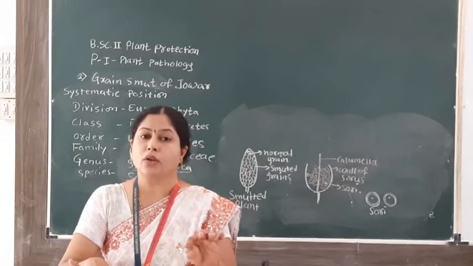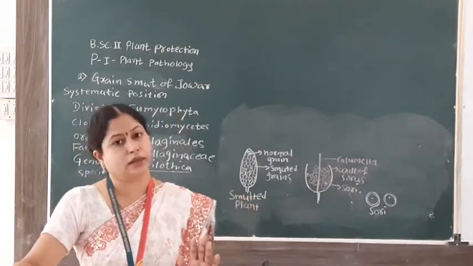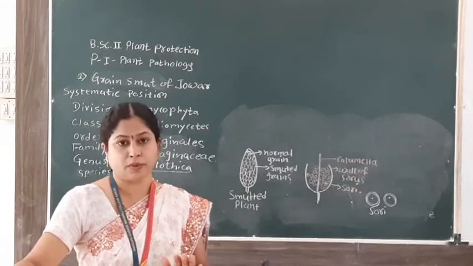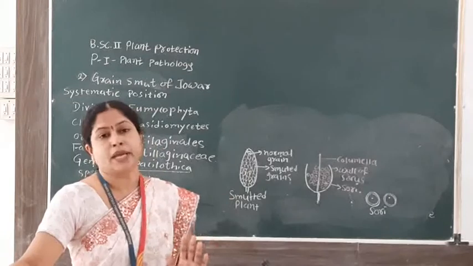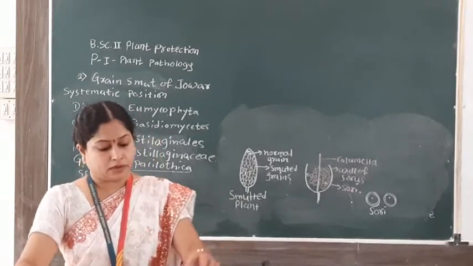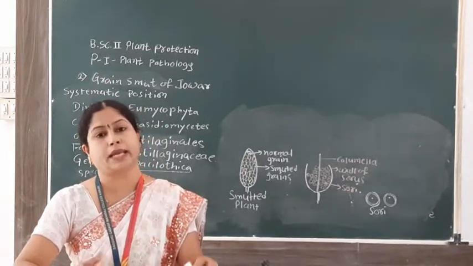The sori are elongated structures having the columella, which is hard tissue made up of parenchymatous or vascular tissue, and which is filled with many smut spores. These smut spores are round in shape and blackish in color.